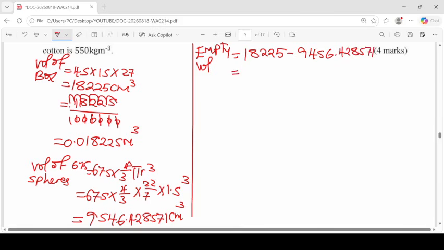When you subtract this, you get 8678.571429 cubic centimeters.